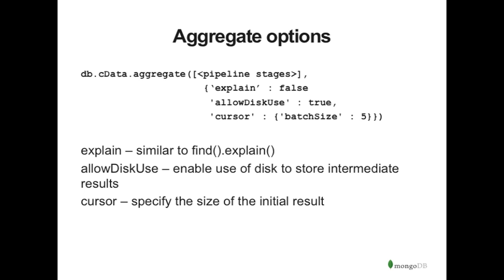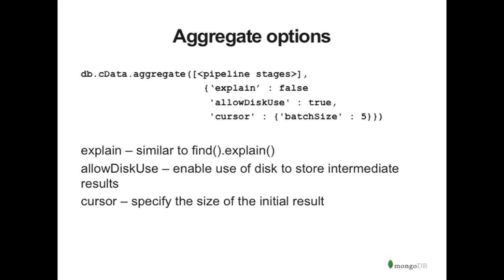All right, so there's a couple of aggregation options that I think people should be aware of that are very useful. In addition to creating a list of pipeline stages, the aggregate command also takes an optional argument, which is a set of options that you can give to the aggregation framework. The first listed here is explain, and explain works very similar to an explain on a find command.